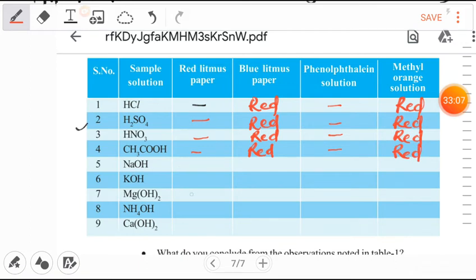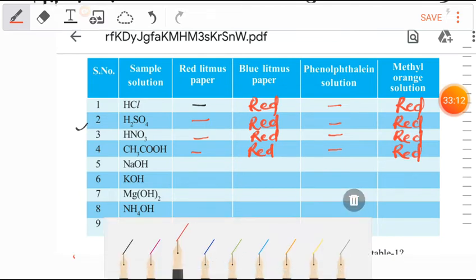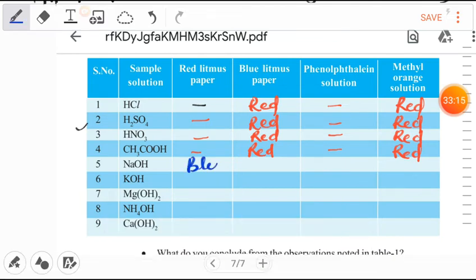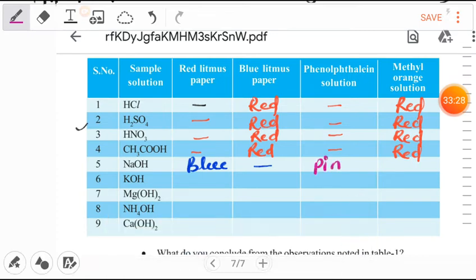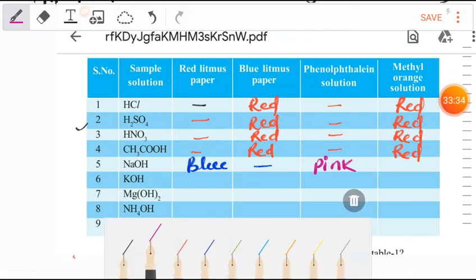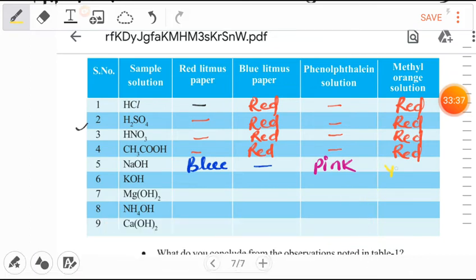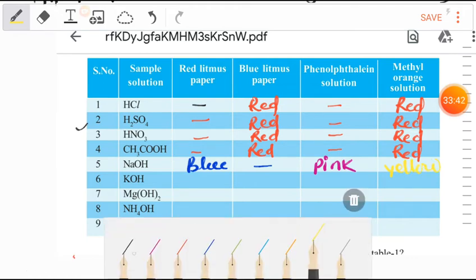So for base, red litmus turns blue. Blue litmus, no change. Phenolphthalein indicator gives pink. And methyl orange indicator gives yellow. Now same for all, right? Same for all.